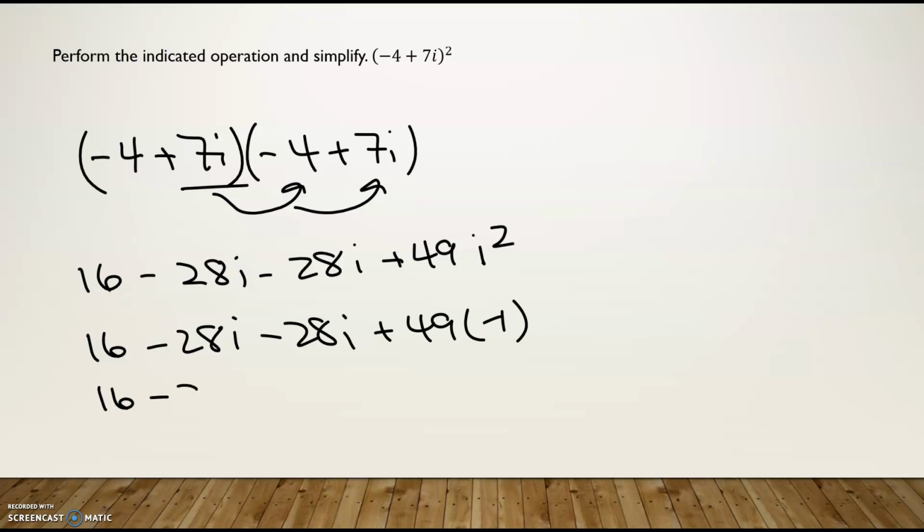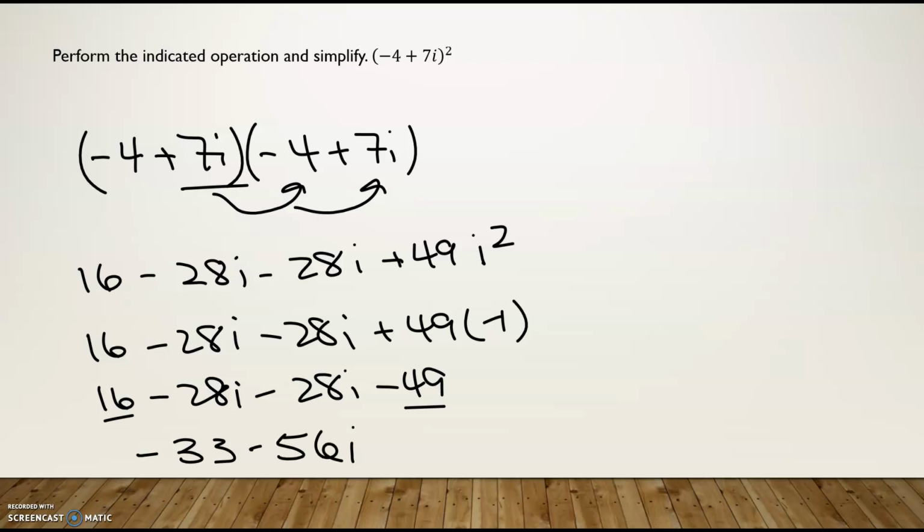So we have 16 minus 28i minus 28i minus 49. Then I'm going to combine the 16 with this negative 49. So that's going to give me negative 33. And then negative 28i minus 28i, that's going to be negative 56i. And that's going to be our final answer.